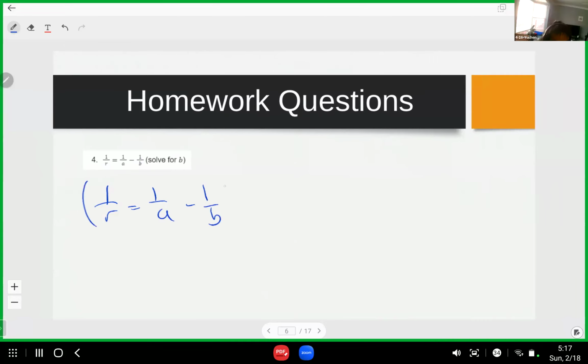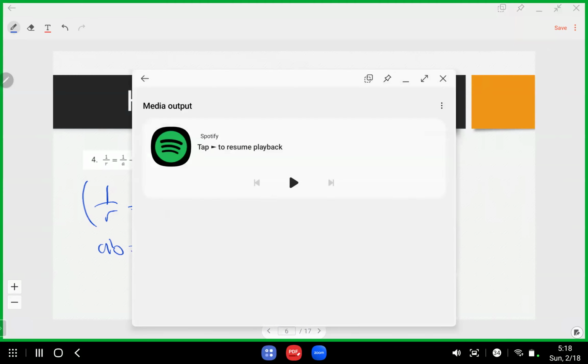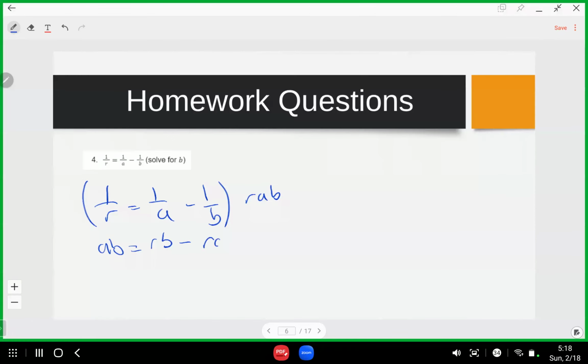So you multiply by all that, then you get ab equals rb minus ra. Right. So now you can solve for b, right?